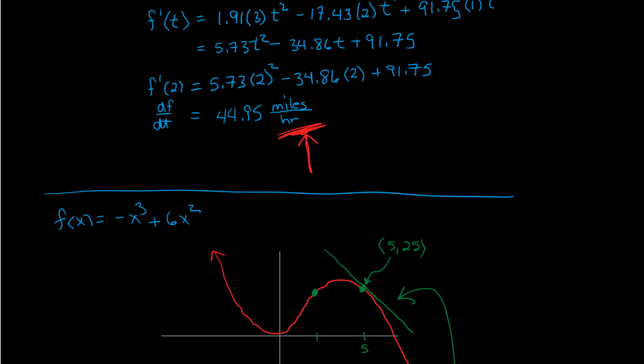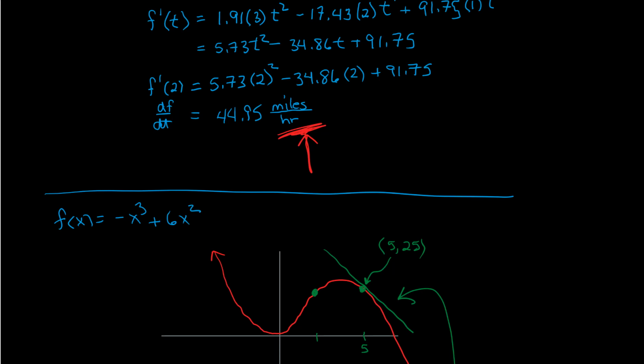When you wind up computing the speed at 2 hours, you take the derivative and you evaluate it at 2. In other words, every place there's a t, you plug in a 2. When you plug in the 2, you then can crank it through your calculator, and you wind up with the derivative having a value of 44.95, which is saying that at exactly 2 hours, the velocity of the car is 44.95.